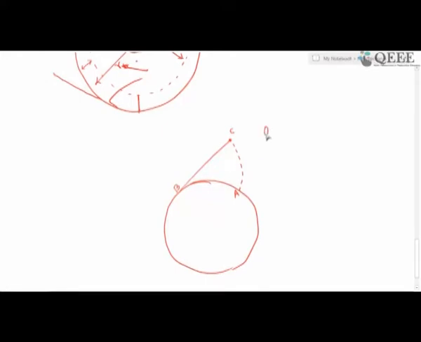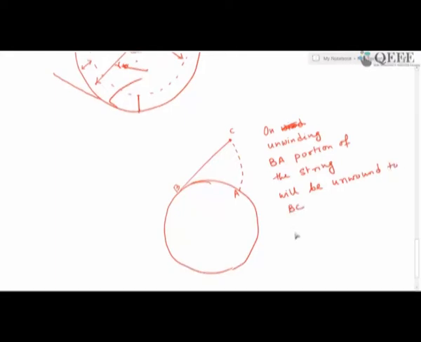So on unwinding, the BA portion of the string will be unwound to BC. Therefore, the length of BA has got to be equal to the length of BC.